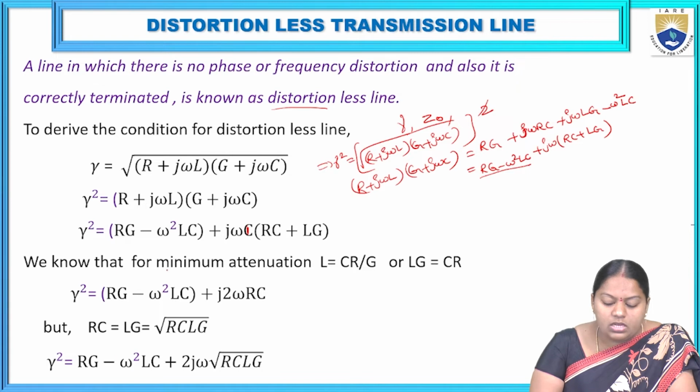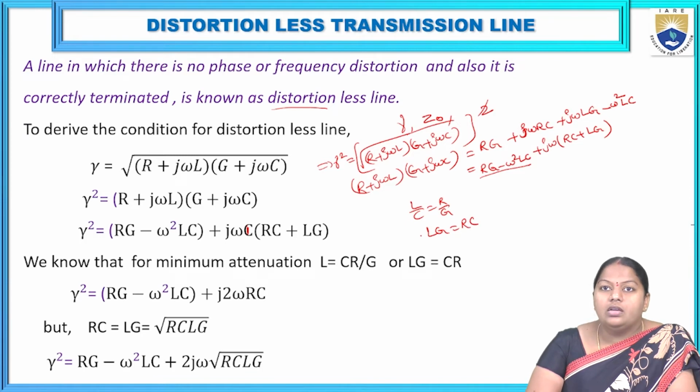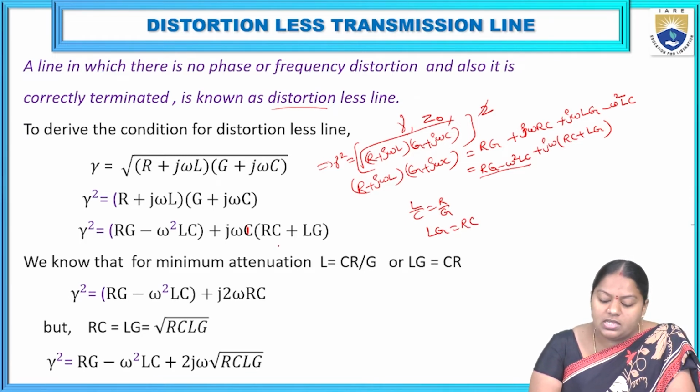Then we know the condition for minimum attenuation: L by C equals R by G, or Lg equals Rc. If we substitute either of the two, it is easy to simplify. For the minimum attenuation condition, Lg equals Rc.